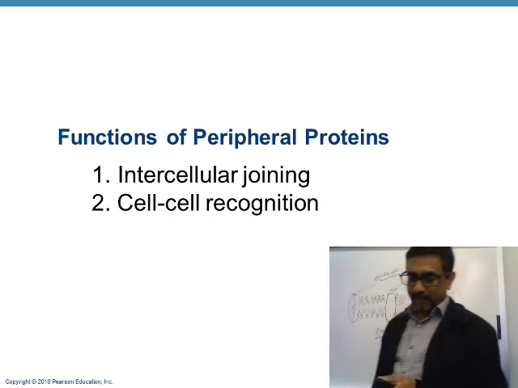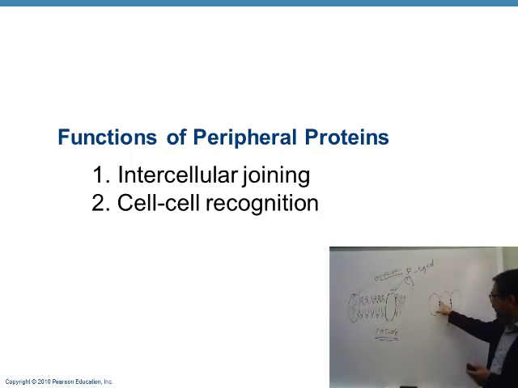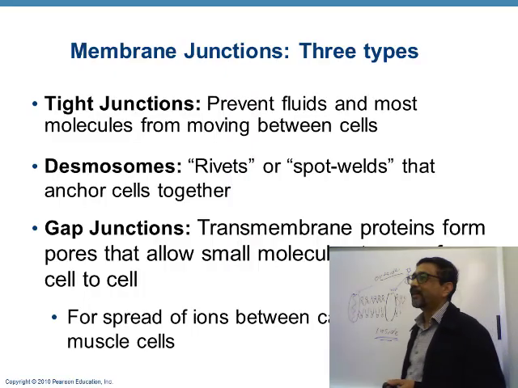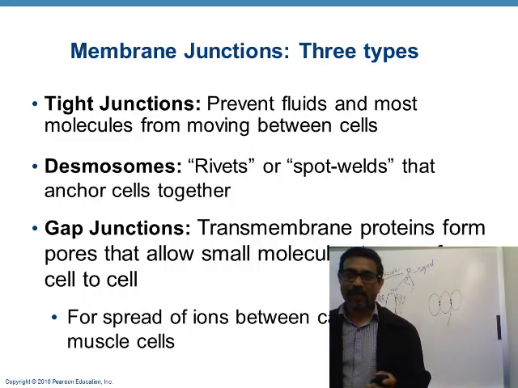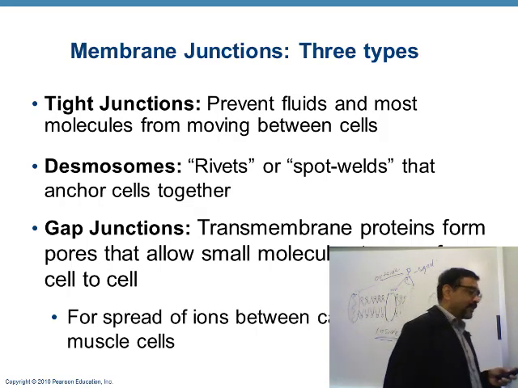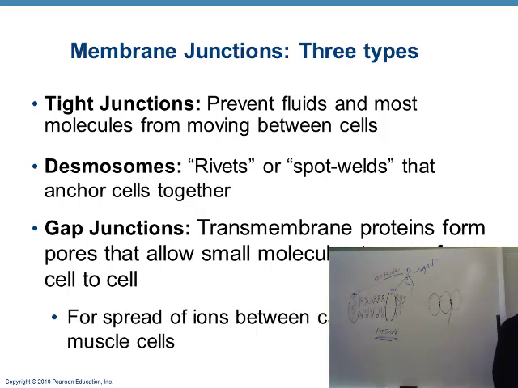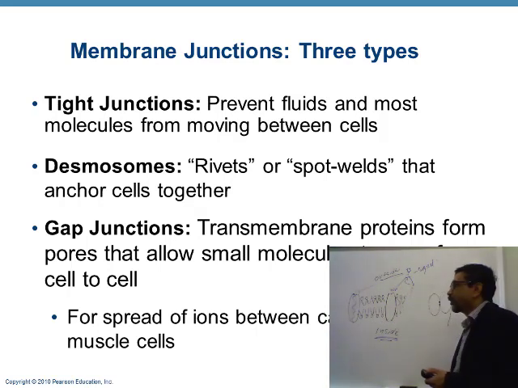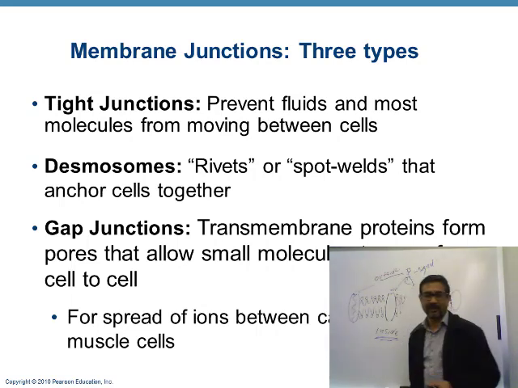Now, three types of intercellular joinings or junctions: tight junctions, desmosomes, and gap junctions. Tight junctions prevent fluids and most of the molecules from moving between the cells.